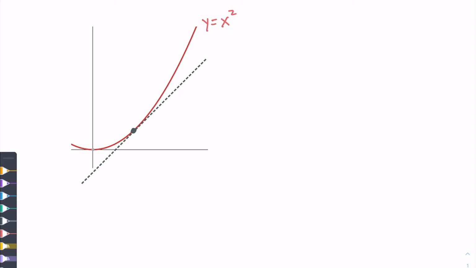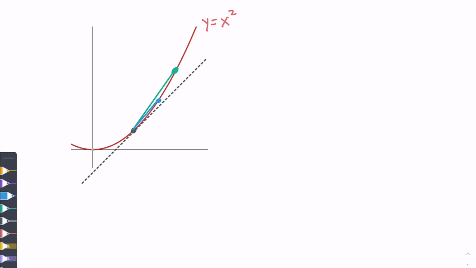So in order to find the slope at this spot, we would start by looking at the slope of this line right here. Maybe we say, okay, that might be a decent indicator, but it's still not going to be quite right. So maybe we take a point right here and bring it a little bit closer.